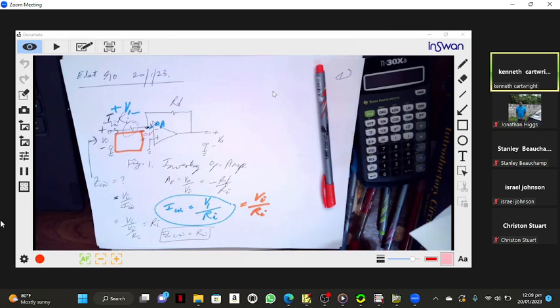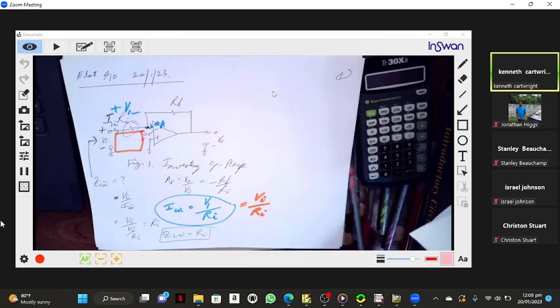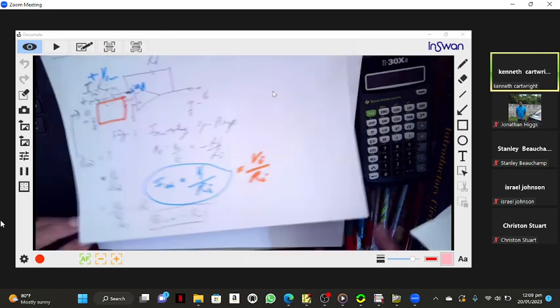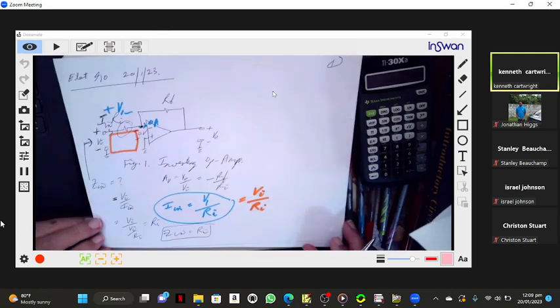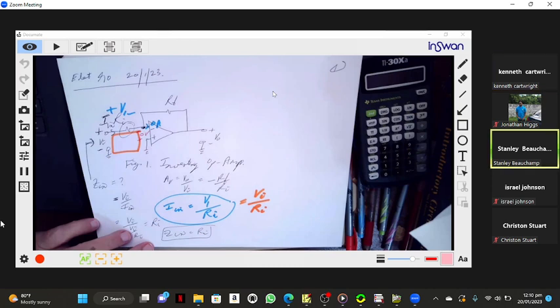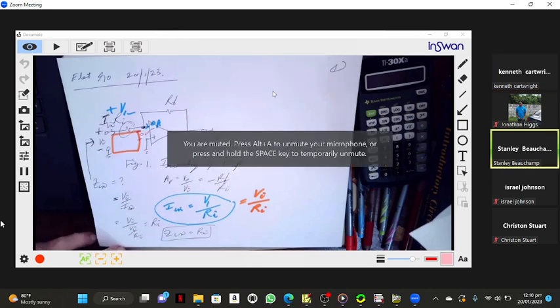So how would you measure Zin? I didn't say calculate now. We calculate Zin by saying Zin is RI. Dr. Cartwright, you're breaking up. I didn't really catch your question.